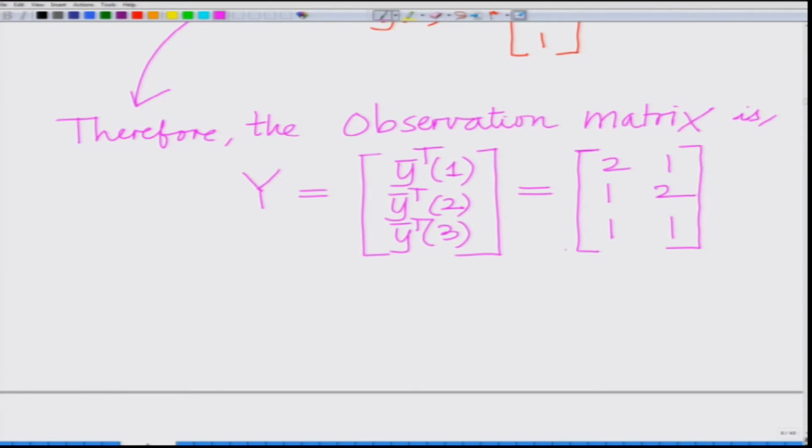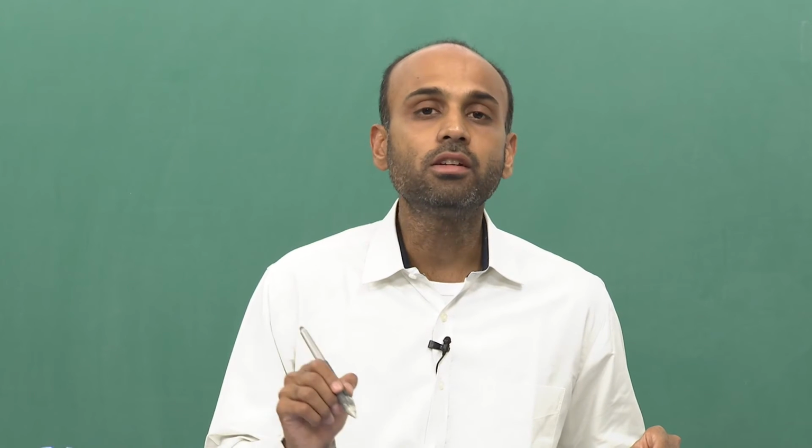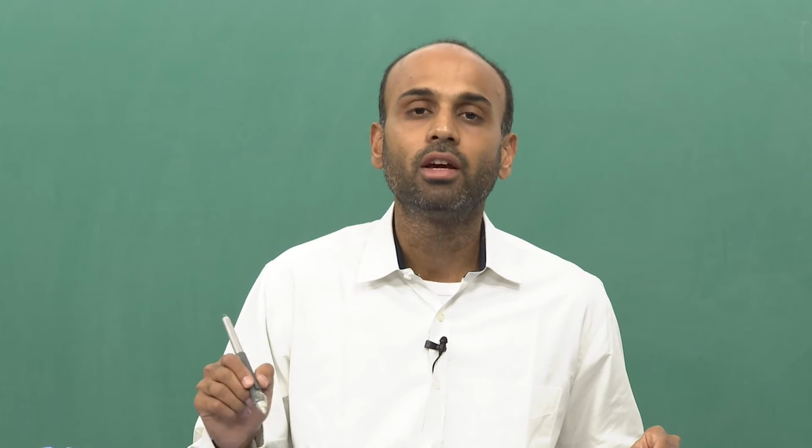Remember this observation matrix is n cross R, that is 3 cross 2, where n equals the number of pilot vectors and R equals the number of received or observed vectors. So, just like the pilot matrix X is n cross M, this is an n cross R matrix, corresponding to the MIMO system model that we have derived earlier.